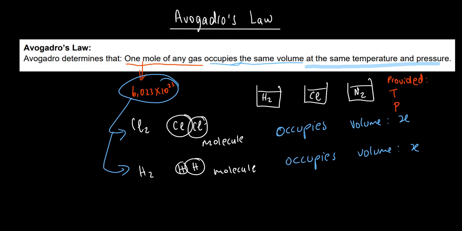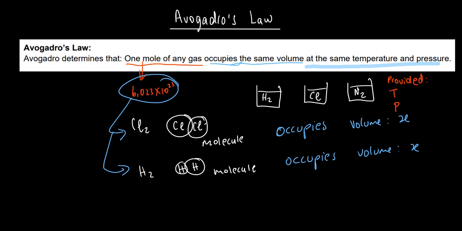That is Avogadro's law. So let's repeat it again. 1 mole of any gas, right? Which means 6,023 times 10 to the power 23 molecules of any gas is going to occupy the same volume.